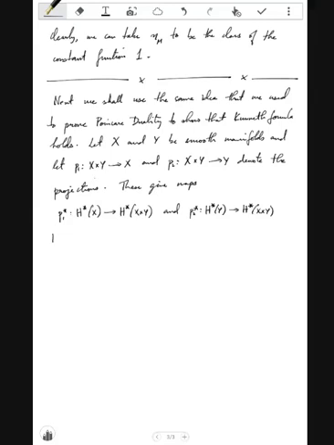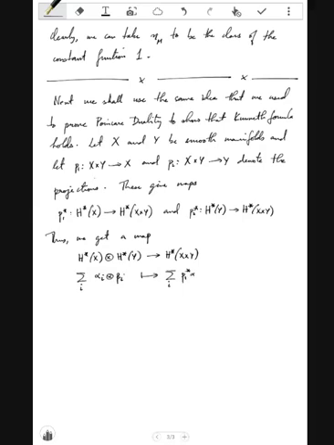Thus, we get a map H^*(X) tensor H^*(Y) to H^*(X cross Y) given by the sum over i of alpha_i tensor beta_i maps to the sum over i of P1^* alpha_i wedge P2^* beta_i.